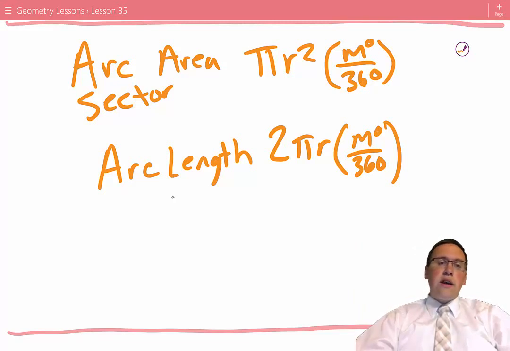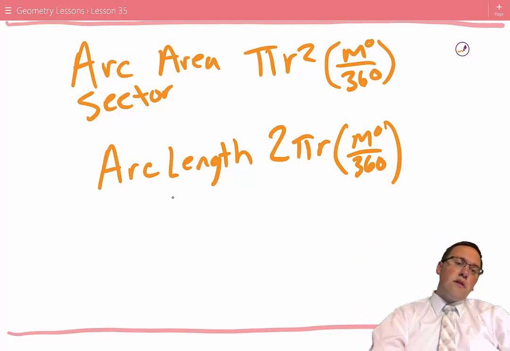So if you already know the area formula and the circumference formula for a circle, the only added caveat here is you just have to figure out what fraction of 360 that slice is, and multiply that by the corresponding formula, and you're good to go.